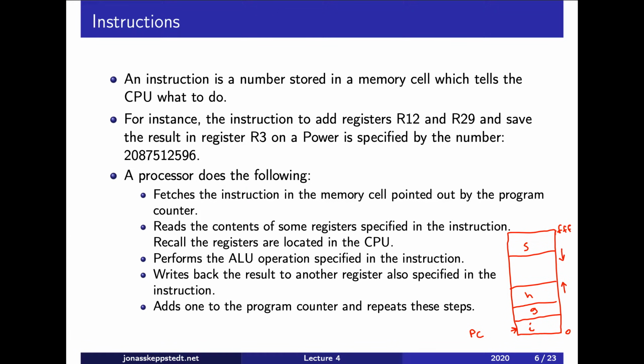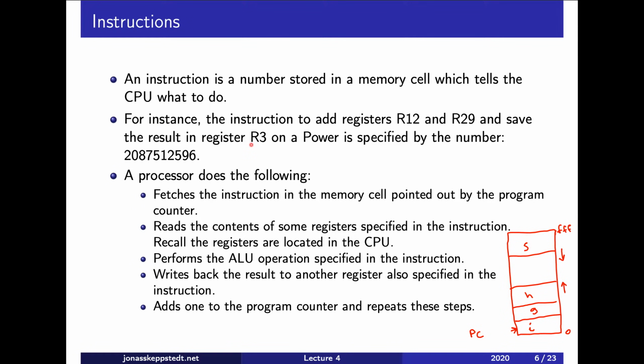And it is the CPU which decides that it should read the next instruction from the memory. Suppose the compiler decided that it wants to add the numbers in register 12 and register 29, and write the result in register 3.